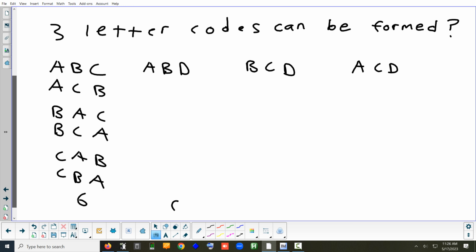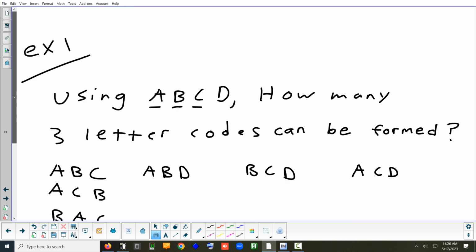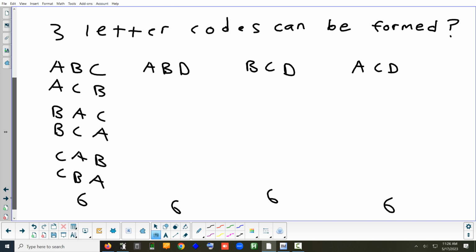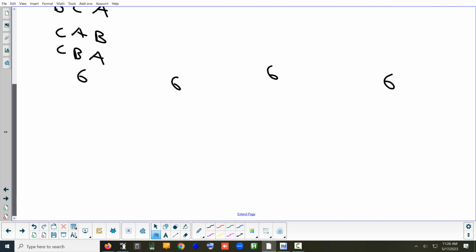So you get 6 here, 6 here, 6 there, and you could get 6 there if you wrote them all out. So how many different ways could you form a 3-letter code using 4 letters? 24. There are 24. Yep.